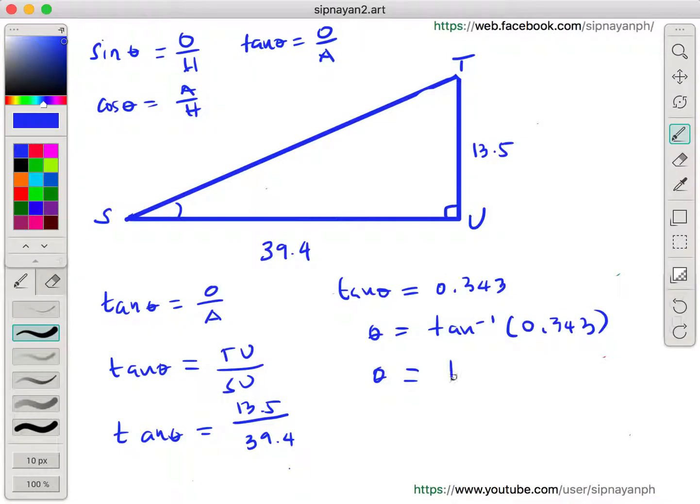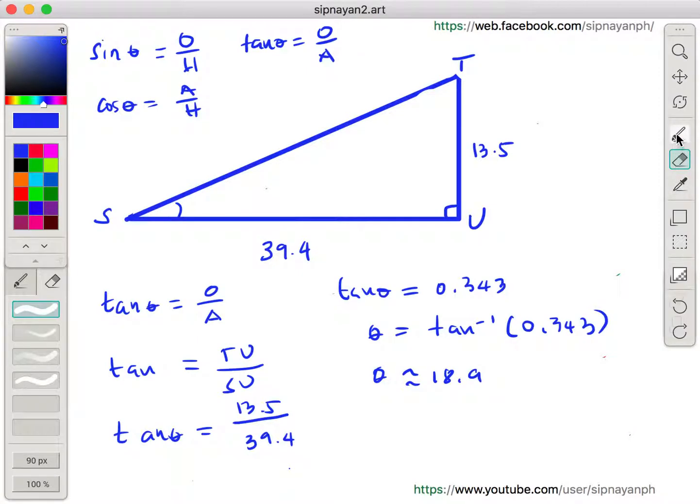Or 18.9. Approximately 18.9. Ano yon? Length ba yun or angle? Angle yun, kasi theta yung pinag-uusapan natin. Actually, S yun. Dapat nga S yun.